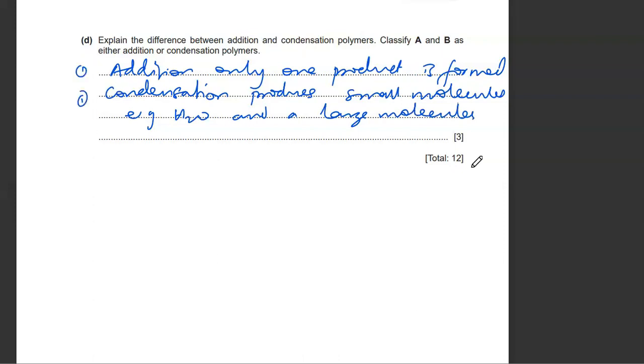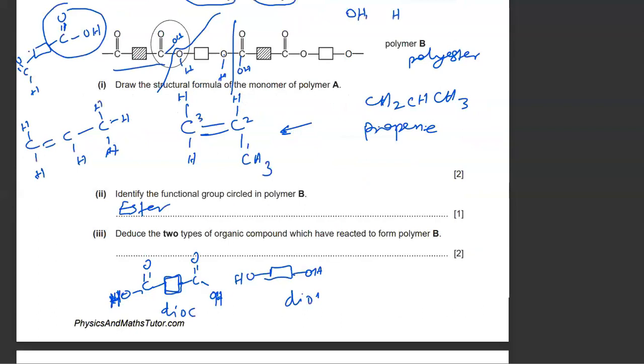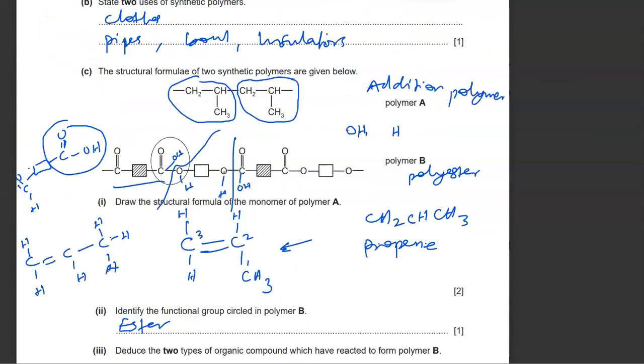Then here they said 3 marks. Classify A and B as either addition or condensation. So the question is in 2 parts, first part and second part. The second part of the question: classify A and B as either condensation or addition. So what is A? Is it addition or condensation? Which one is A?